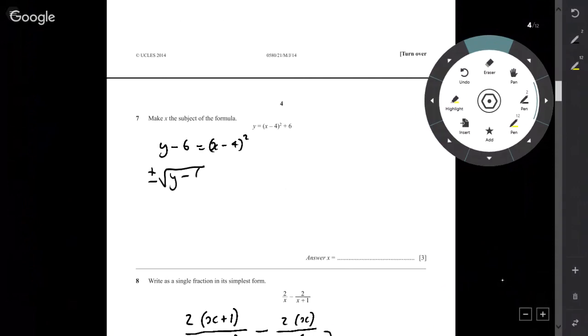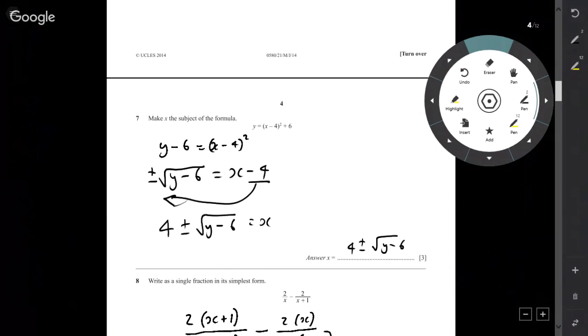So that becomes y minus 6 equals x minus 4. And then final step, we move this 4 over to the other side of the equation. It becomes positive. So it's a positive 4 plus or minus the square root of y minus 6 equals x. So we'll just write that again here. 4 plus or minus square root of y minus 6.